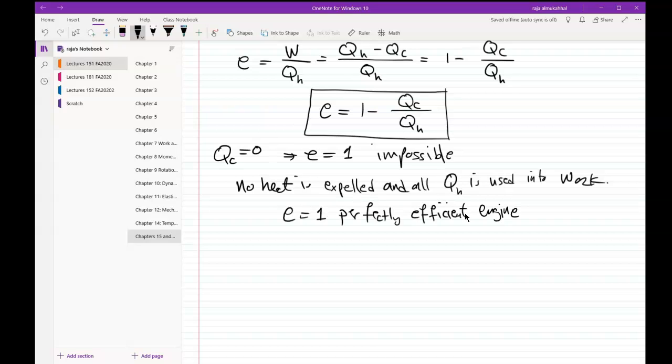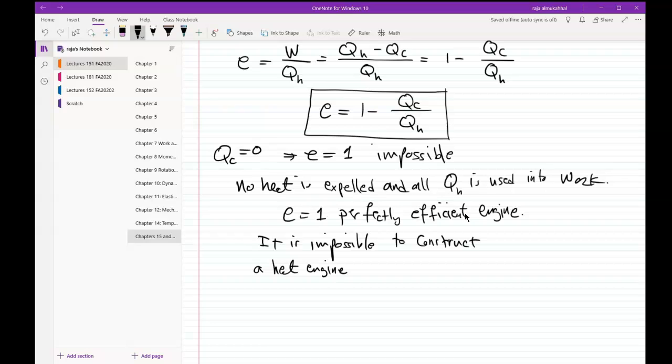So what does the second law say? The second law says it is impossible to construct a heat engine, sorry, let me put it in a different way.